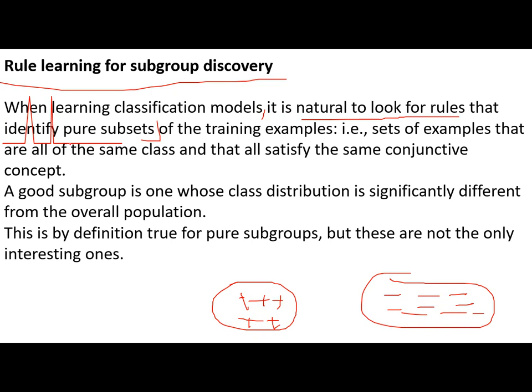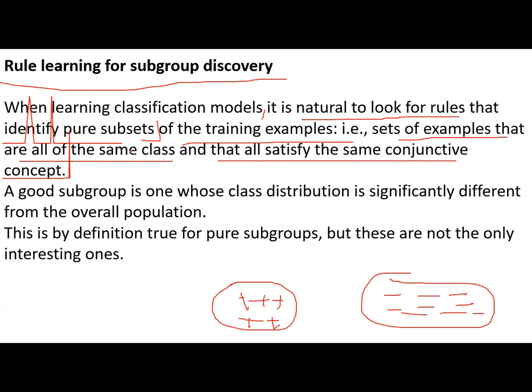Normally, we identify from the training examples the pure subsets: sets of examples that are all of the same class and that all satisfy the same conjunctive concept.